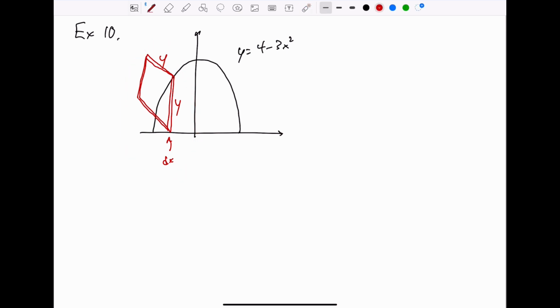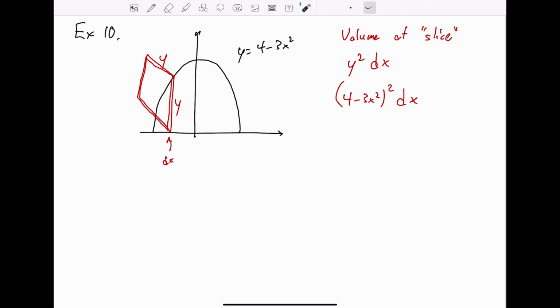So the volume of this slice is just y squared times dx. But now y is 4 minus 3x squared. So we can express this all in terms of x: (4 minus 3x squared) squared dx. We obtain the entire solid by moving these squares from this starting x value to this one. We have to solve for those limits of integration.